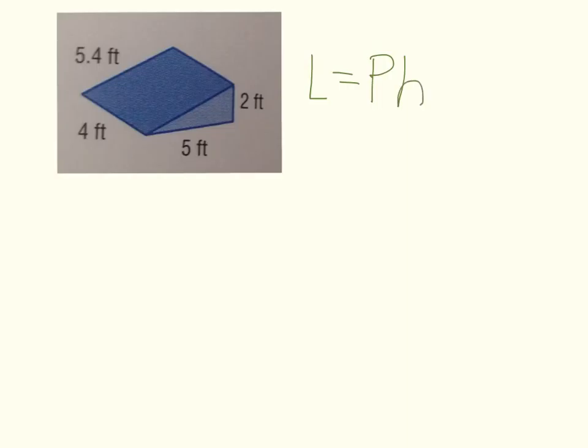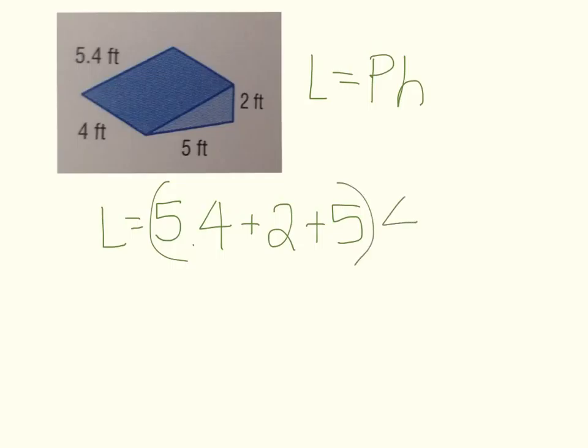So our perimeter of our base here would be 5.4 plus the 2 plus the 5, and we would multiply that whole thing by the height. So the perimeter is 5.4 plus 2 plus 5, and we multiply it by how high the object is.